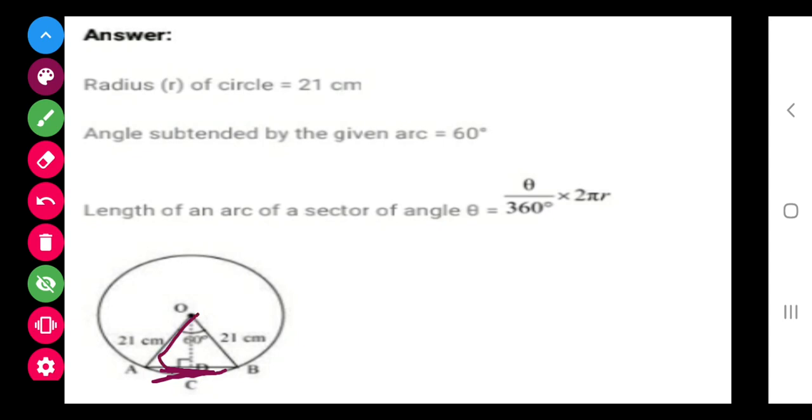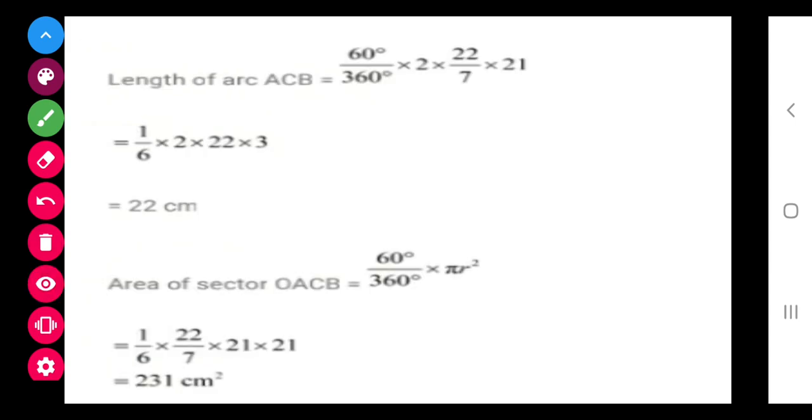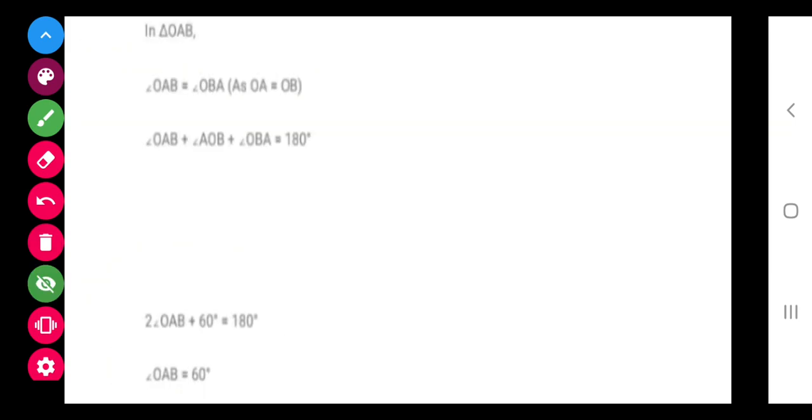So area of sector minus area of this triangle. This triangle is an equilateral triangle, so they have shown completely that these two angles are 60 degree. This is your OAB.